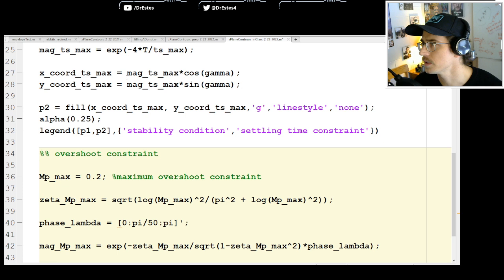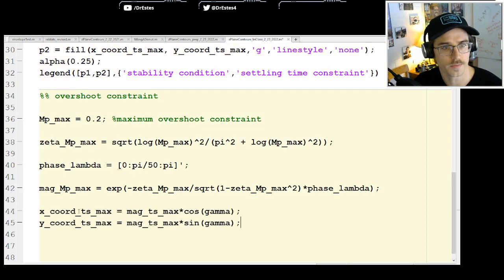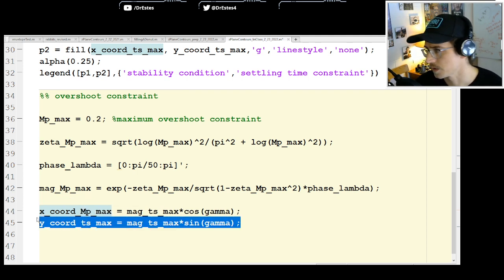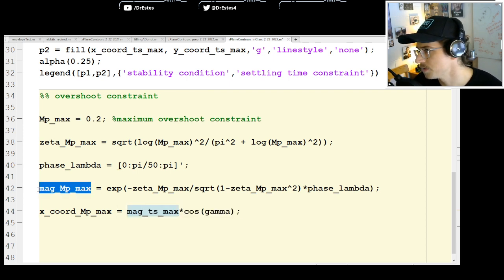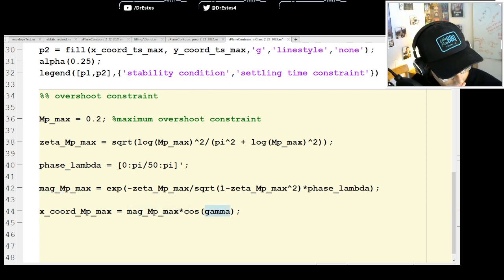So what have we been calling this? Let's do this. I'll copy this from up here and change this name. This will be the X coordinate for this constraint. Essentially, we'll take the magnitude of the root and multiply it by the cosine of the phase angle.